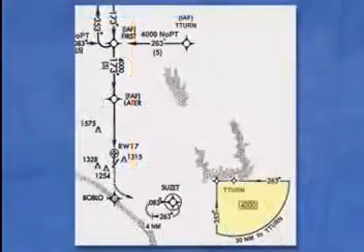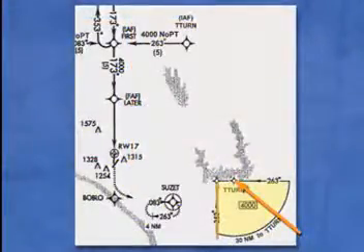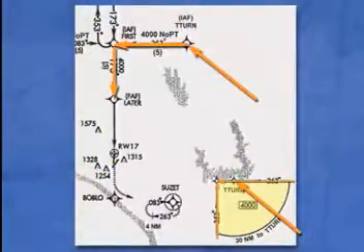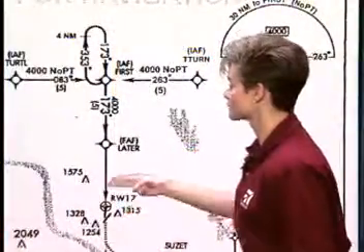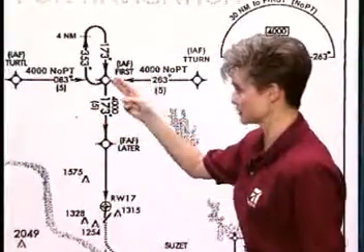If you're approaching from the southeast on a bearing of 353, around to a bearing of 263 to first, you'd fly directly to T-turn, then to first, and then to later. On the other hand, you could be arriving from the southwest on a bearing of 353, around to a bearing of 083 to first.